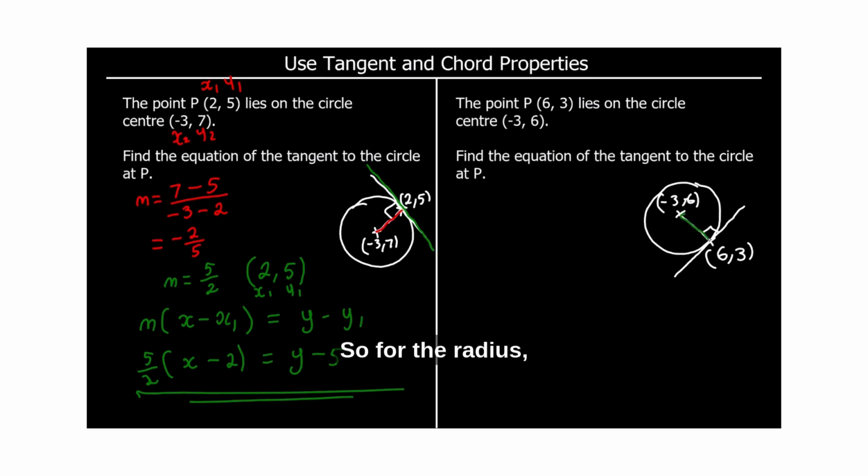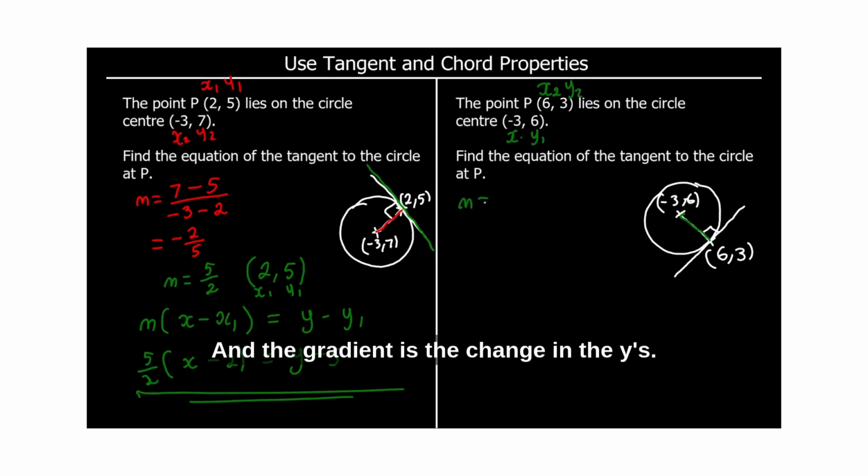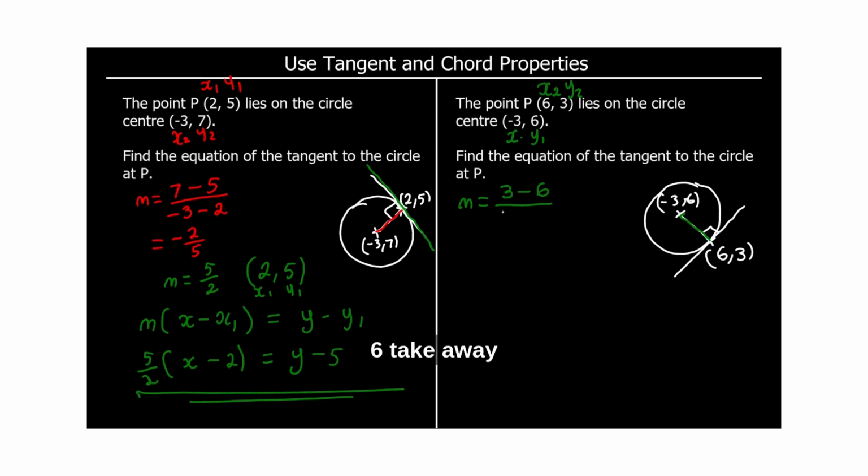So for the radius, I have x1, y1, x2, y2, and the gradient is the change in the y's. So you've got 3 take away 6 over the change in the x's, 6 take away -3, so 6 plus 3.